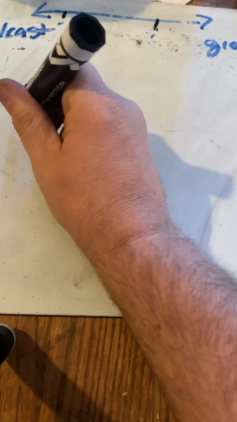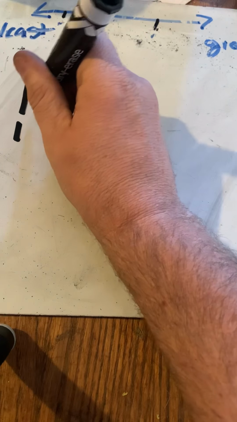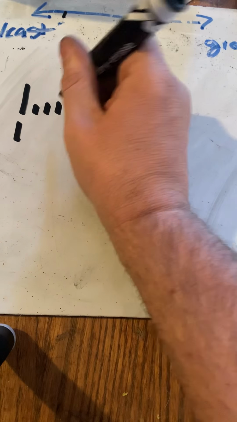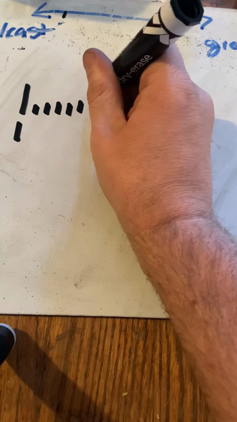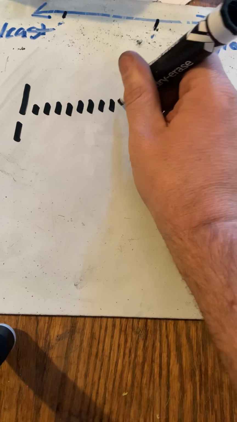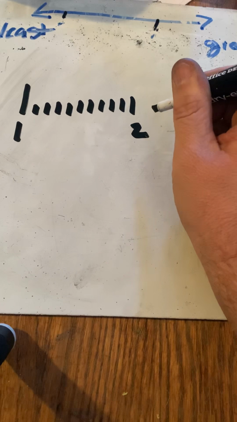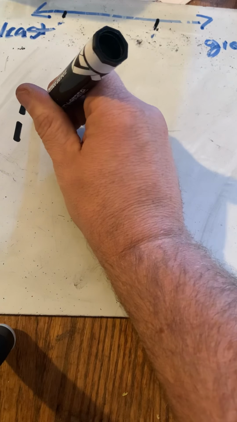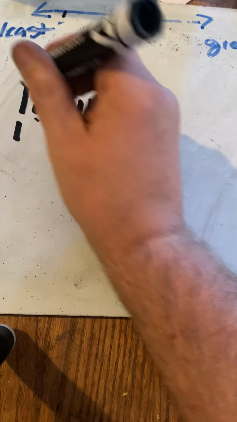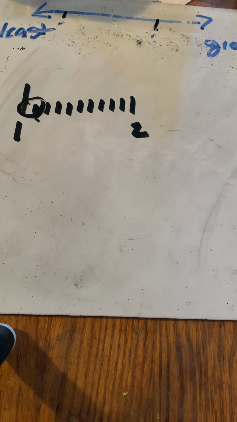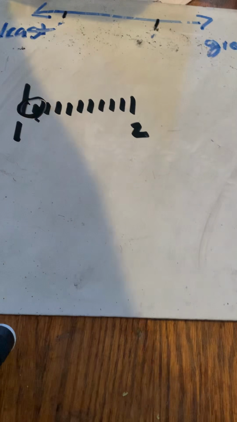So, speaking of which, we had a number line, and this is 1, and then we've got a tick, 1, 2, 3, 4, 5, 6, 7, 8, 9, 10. That's 2. So one of these tick marks would be 1/10. And then in that little space here, imagine that there were 10 other little tick marks. Ooh, earthquake.